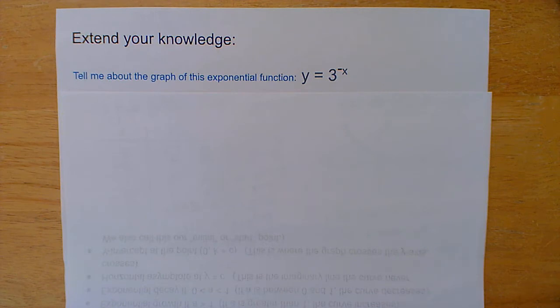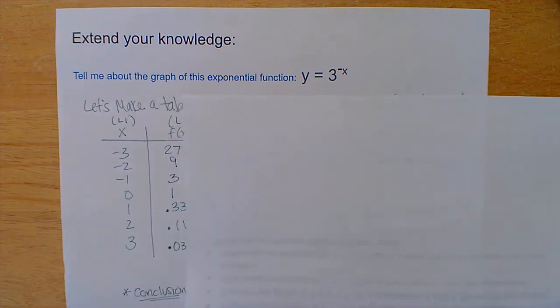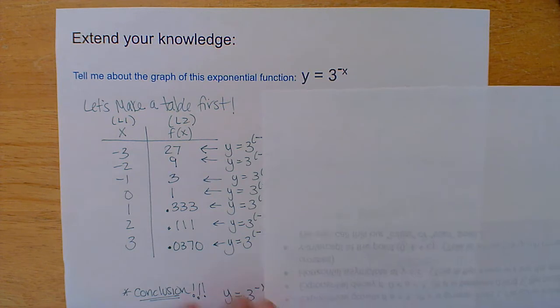So tell me a little something about it. And what I'm going to ask you to do is first make a table. If I say anything about making graphs and you don't know where to start, go to a table. Make a table.